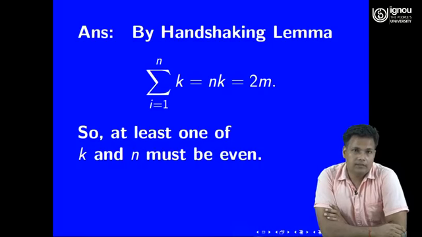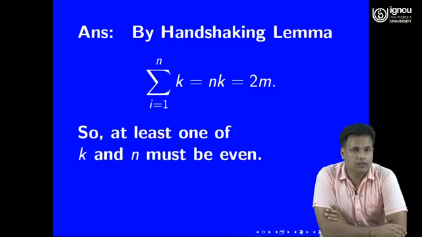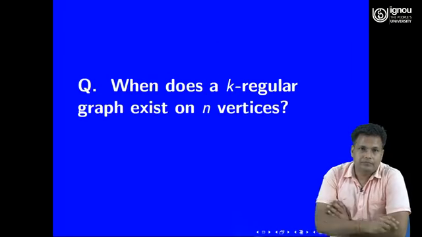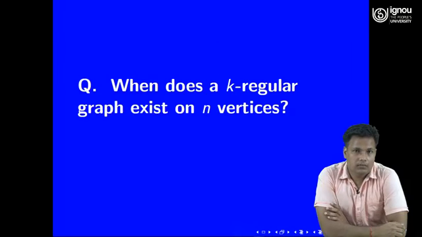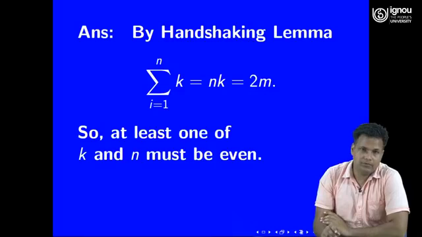So on the right hand side we have an even number, and hence the left hand side must also be even, that is, either n or k must be an even number. So an n vertex graph can be k regular only when at least one of k and n is even.